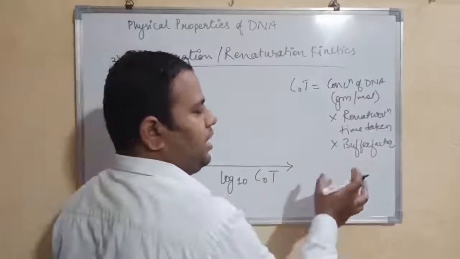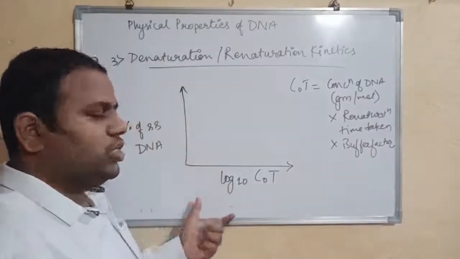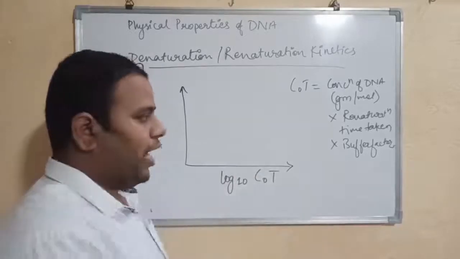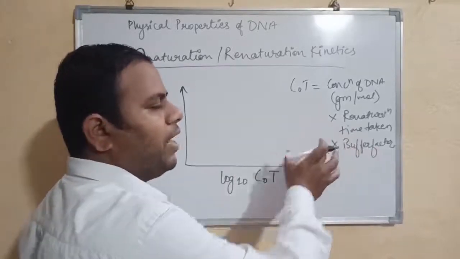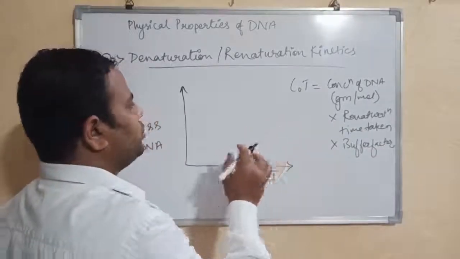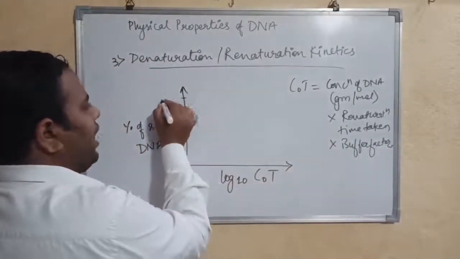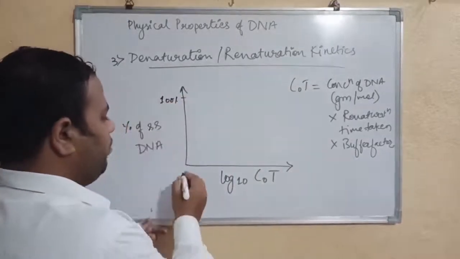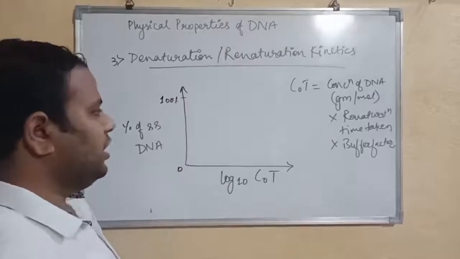The buffer factor is added here because the renaturation takes place in an aqueous solution, and that aqueous solution is a buffer. So that buffer strength is also multiplied here to calculate the COT value. So this is also called COT analysis. For example, at this percentage, 100%, the DNA will be 100% denatured.